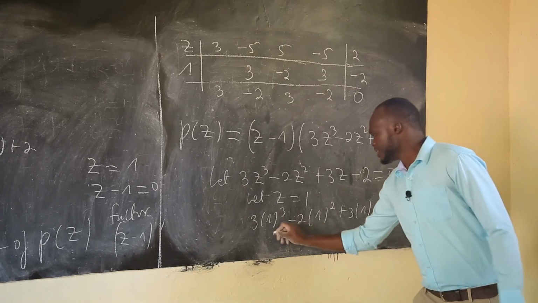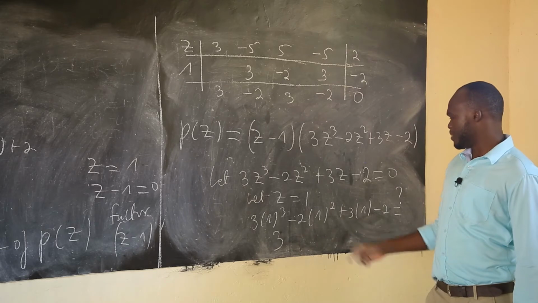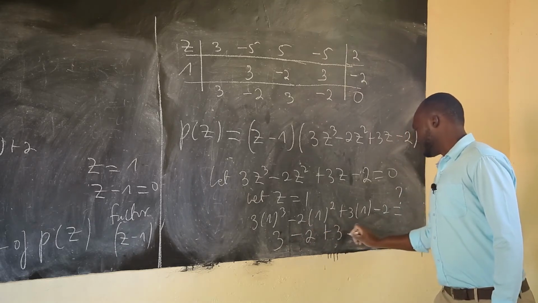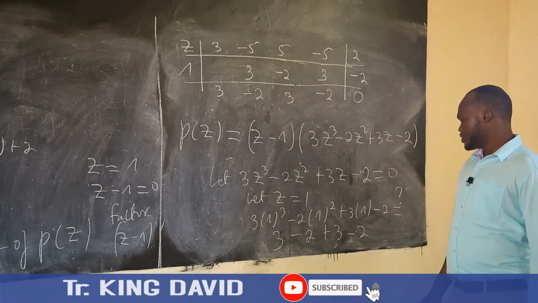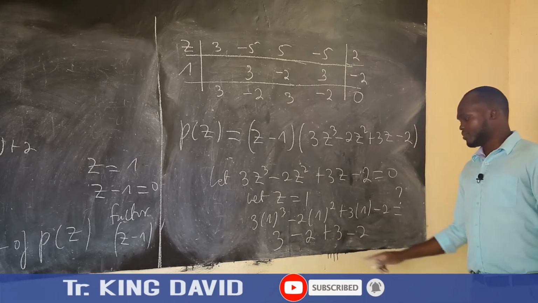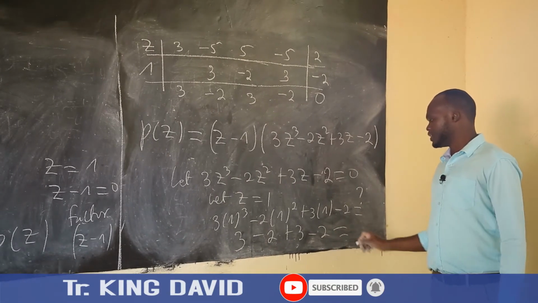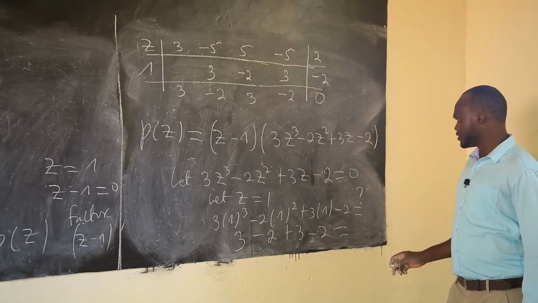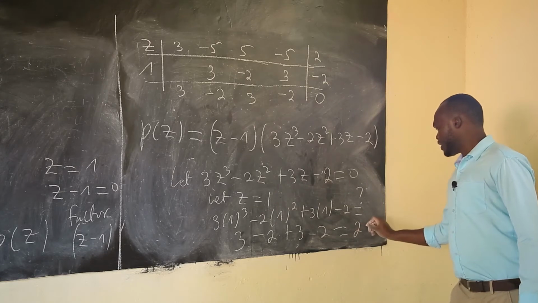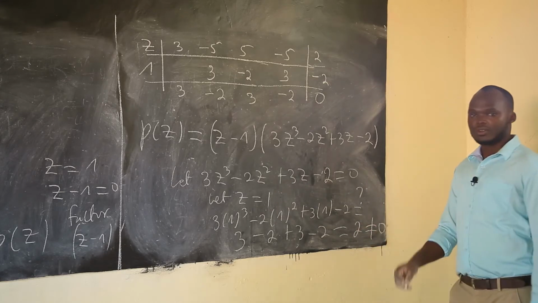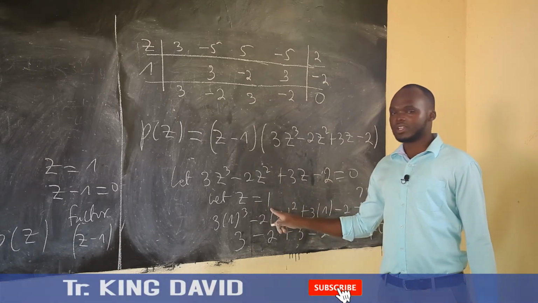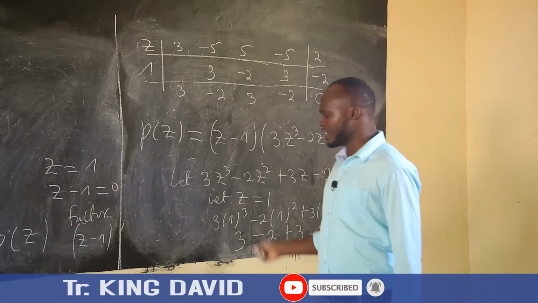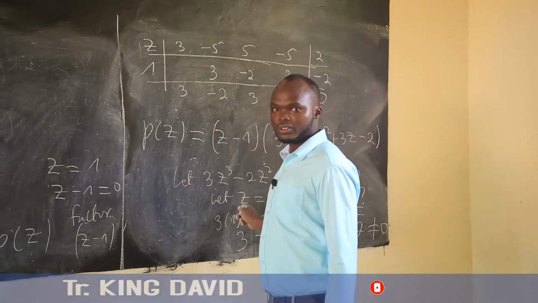This is 3, minus 2 plus 3 minus 2, so this is 6 minus 4, it is 2, and 2 is different from 0. So z equal to 1 is not a root.